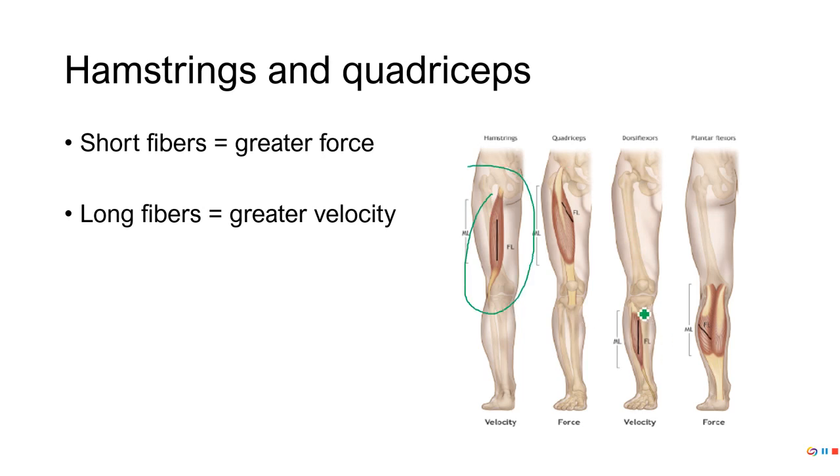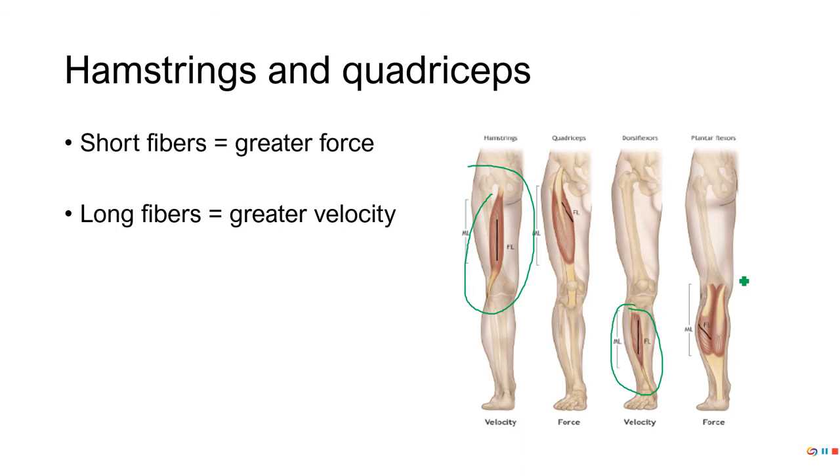Your dorsiflexors are long, and so they can go fast. But your plantar flexors are short, but they can produce greater force. So the length determines velocity. Long, fast velocity. Short, slow velocity. Long, less force. Short, greater force.